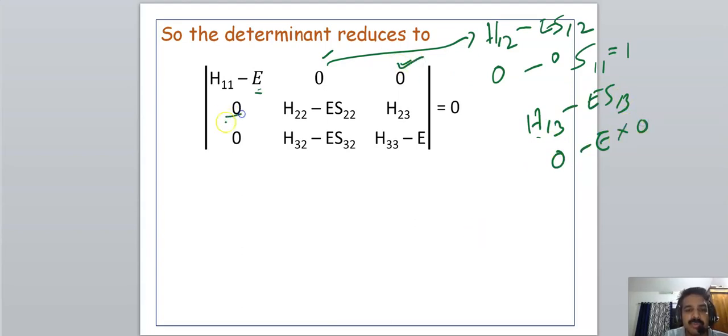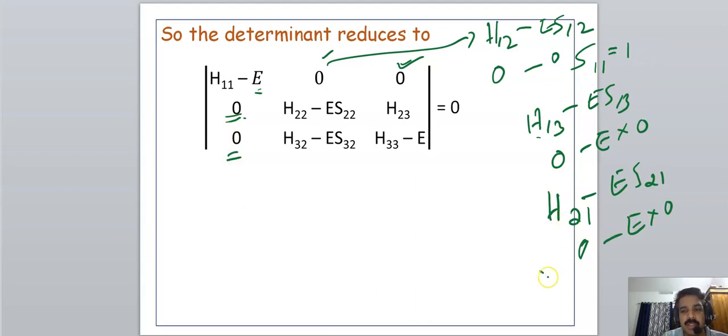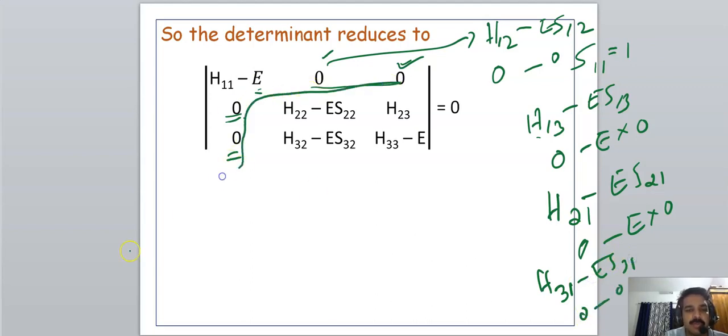And this term was H21 minus ES21; H21 is 0, E into S21 is 0, so this is 0. And this term is H31 minus ES31, which is equal to 0. This whole term becomes 0.